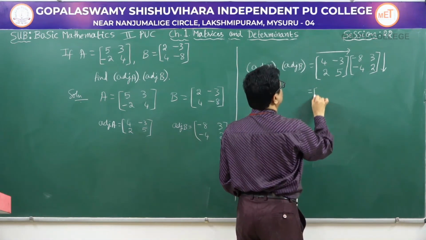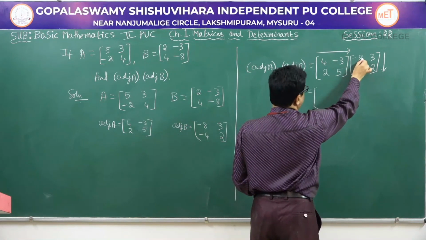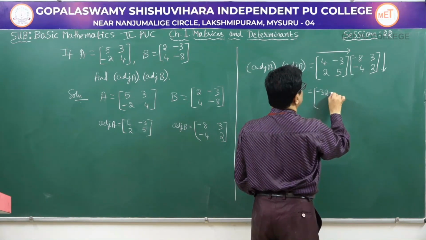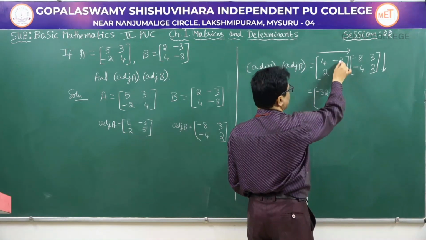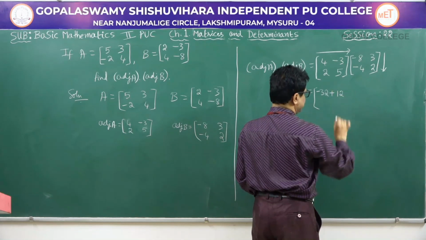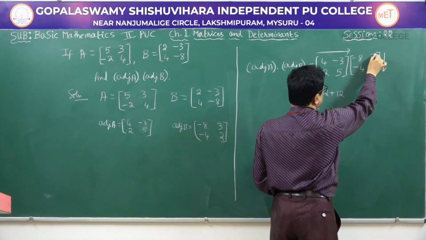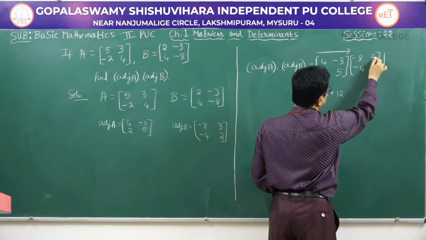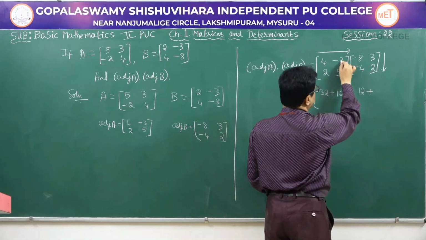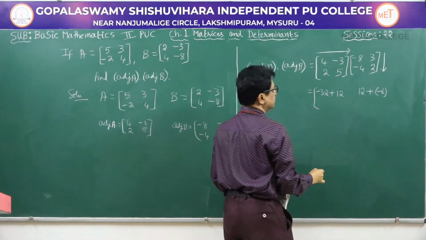So that will be equal to first row into first column. 4 into minus 8 is minus 32 plus minus 3 into minus 4 is 12. Next element is first row into second column. 4 into 3 is 12 plus minus 3 into 2 is minus 6.